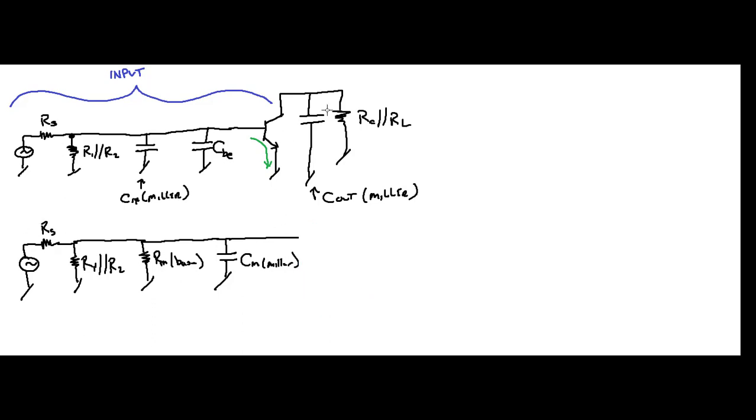And that's going to simply be C in Miller, I clicked the right one here, sorry, plus CBE. That's the value of that capacitor. So we can also do this if we want.